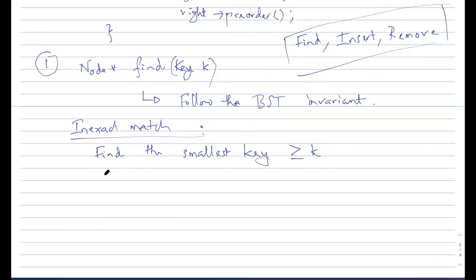Perfect match is easy, we just saw. But inexact match, how are we going to find? Either we are finding the smallest key that is greater than or equal to k, or the largest key that is less than or equal to k. So what is the strategy here?